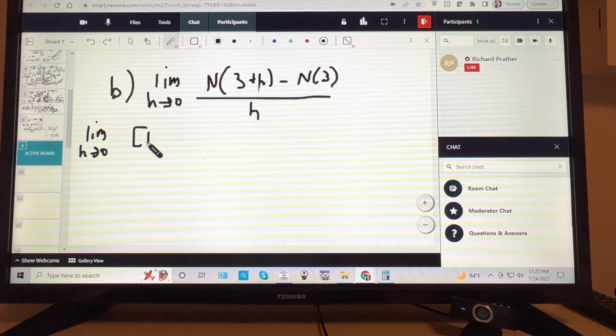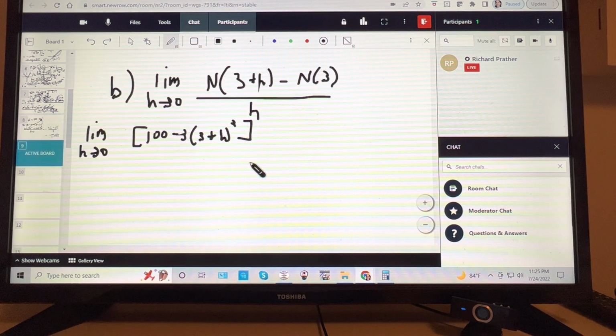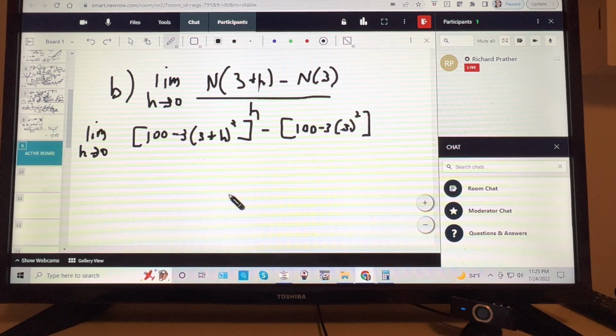Here's my bracket, 100 minus 3, and then 3 plus h is replacing the p squared. That's the 3 plus h portion. Now I'm going to do it for just plugging 3 in. So 100 minus 3 times 3 squared.